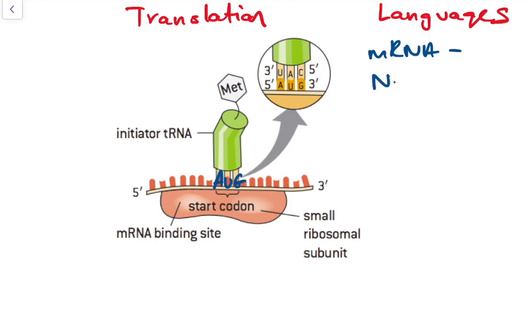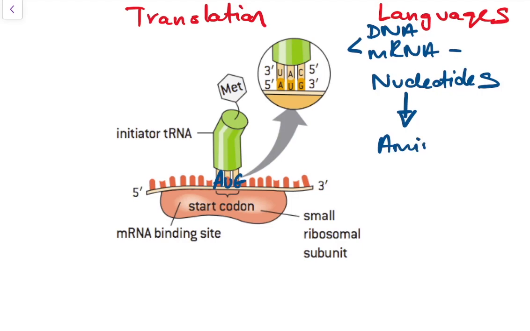This is the language of nucleotides. We saw the first process was transcription, where we went from DNA to mRNA, which are both nucleotides. But in translation, we're going to go from nucleotides into the language of amino acids. And that's why it's a translation.